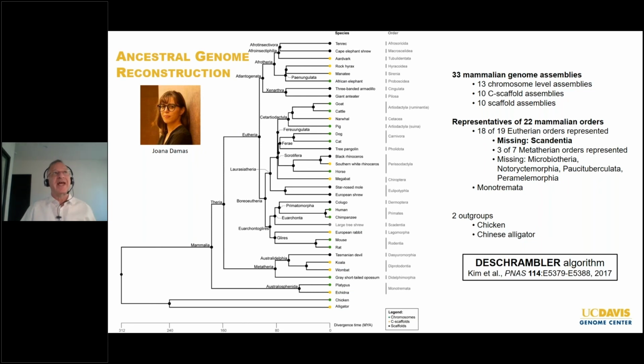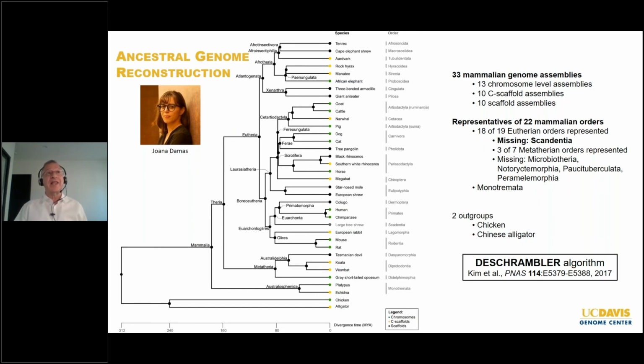The Scandentia, the order represented by the large tree shrew, was missing. And it's a very interesting order because its phylogeny has not yet been resolved. So having the sequence of this species will help us to understand where to place it.